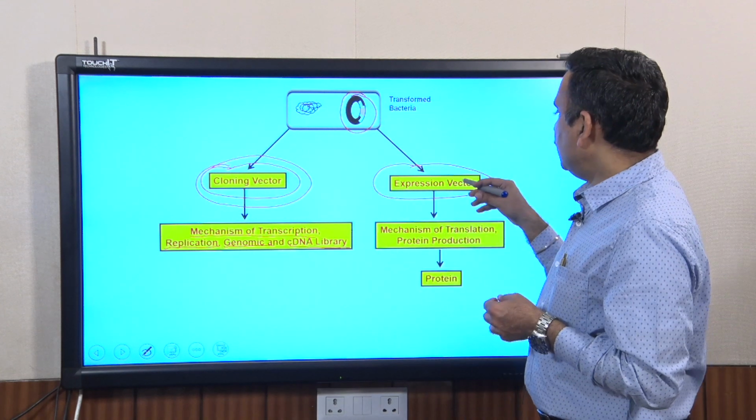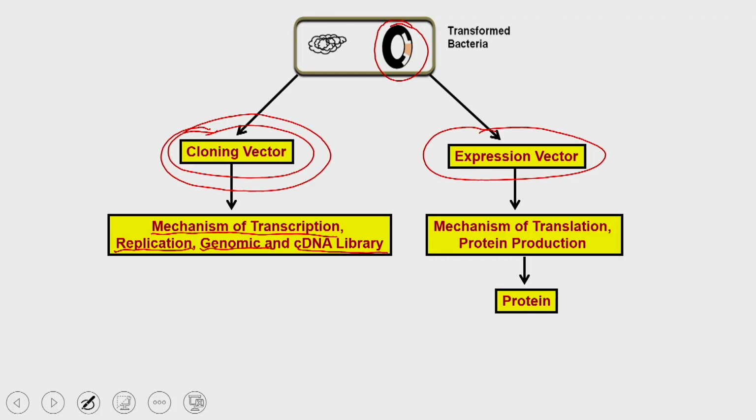Now, if you are generating a transformed host containing the expression vector, you can use this transformed host for addressing the mechanism of translation, or for protein production.